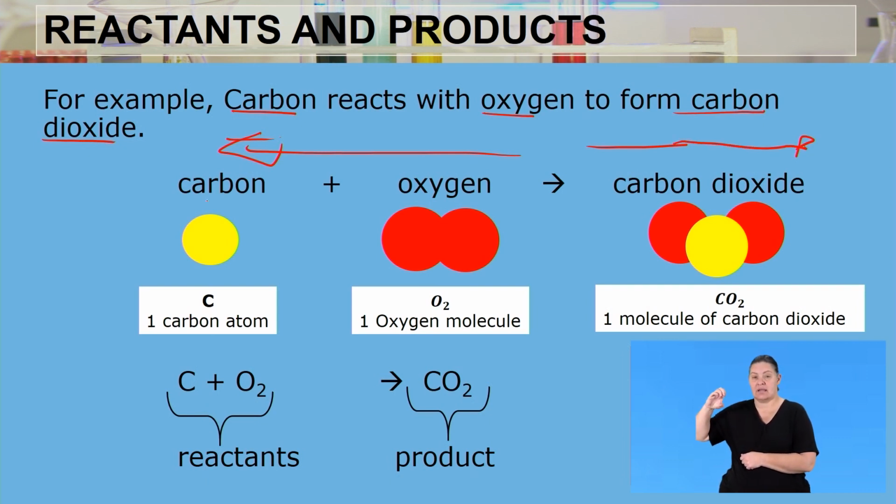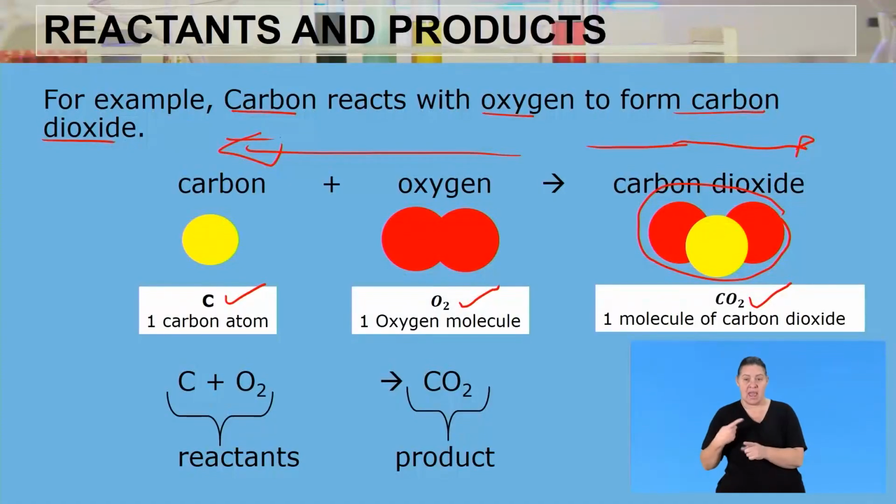So these two reactants have a chemical symbol of C, and oxygen has a chemical formula of O2 because it is a diatomic molecule. The arrangement of these substances is going to change to form carbon dioxide, which has a chemical formula of CO2, to show that this compound was formed by the chemical bonding of carbon and oxygen.